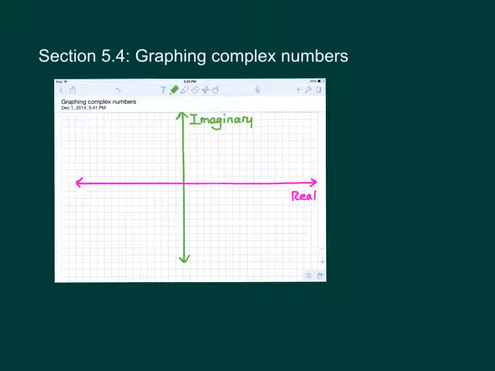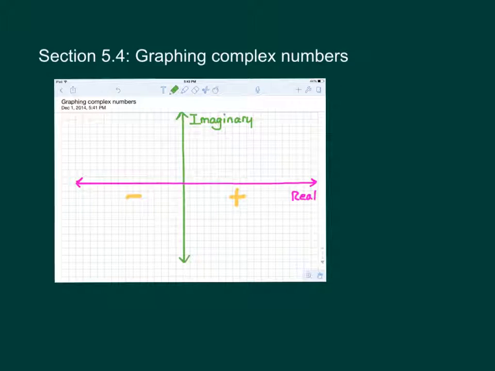In section 5.4, when we learn how to graph complex numbers, we learned that we still have a horizontal line, and instead of calling it the x-axis, we call it the real number axis. In the same way that the x-axis is positive to the right of 0 and negative to the left of 0, that's still true.